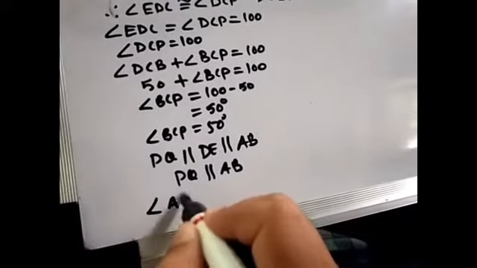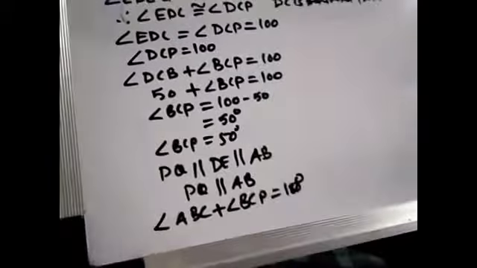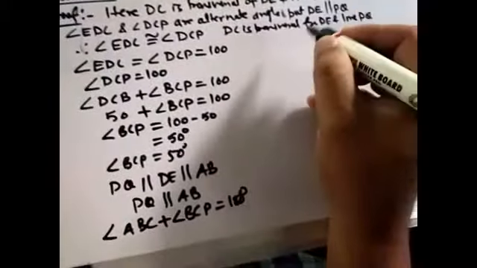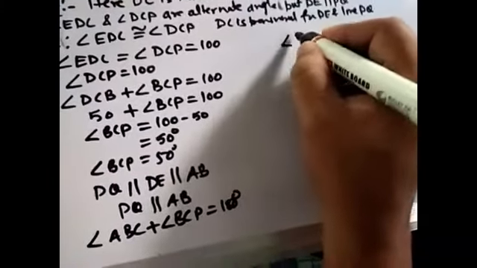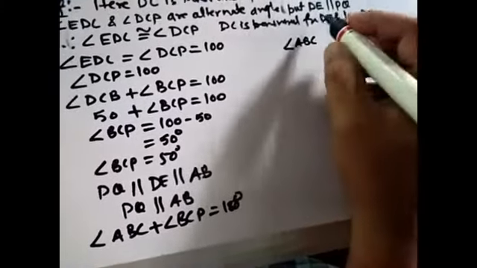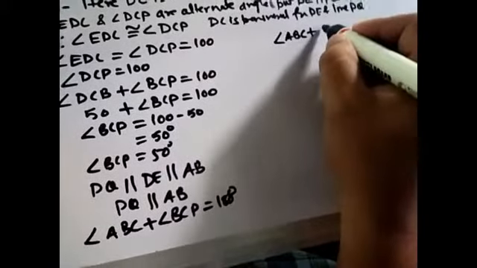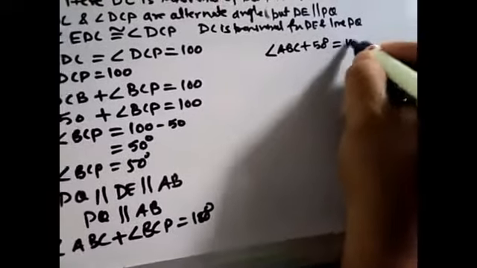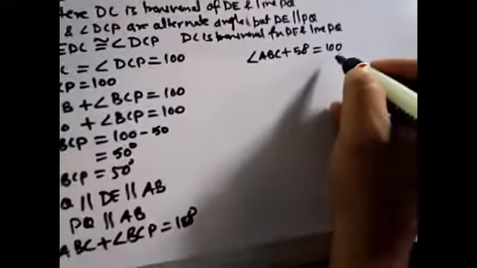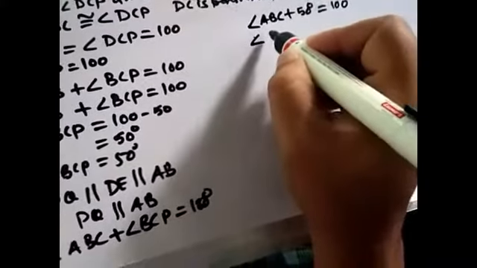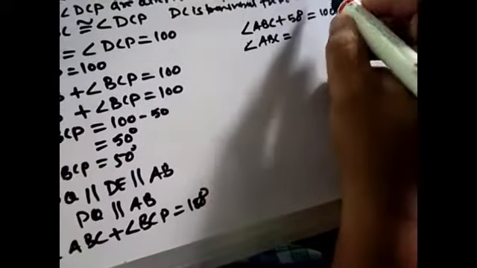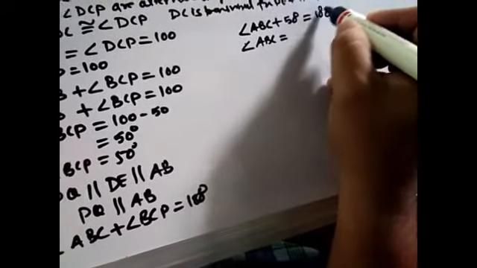Angle ABC plus angle BCP, which is 50 degrees, is equal to 180.